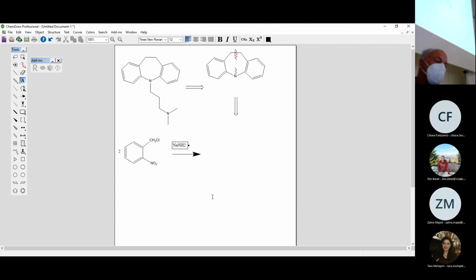Why a strong base? There are two acidic protons, this one.